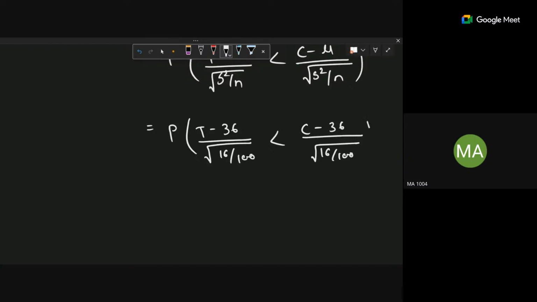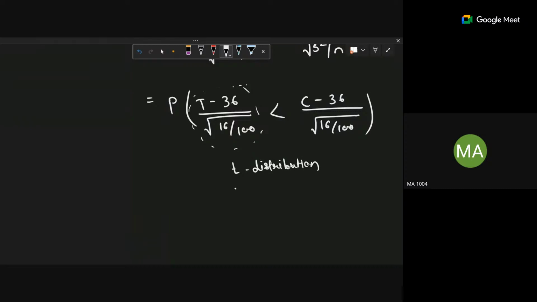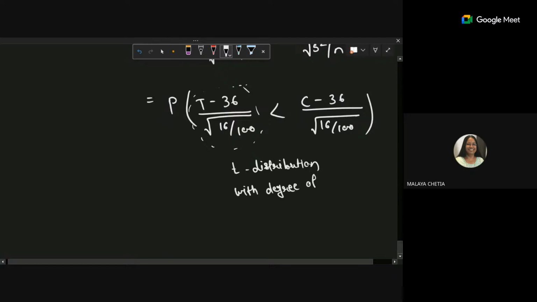Okay. So we know that this random variable will follow the t distribution, with degrees of freedom equal to what? 99.